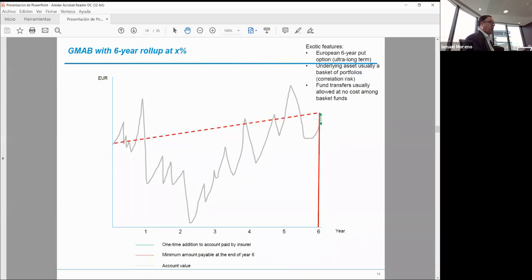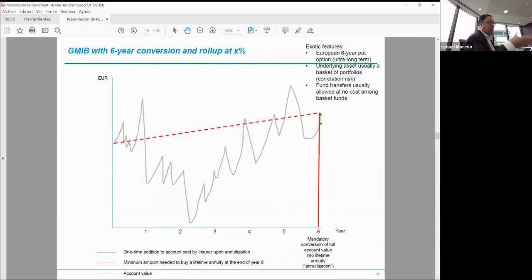But in the case of a GMIB, I would normally need more money to buy myself a lifetime income annuity, and then if that money is short in the fund account value, then the insurance company would top it up, as in that green arrow, so that you've got enough money to buy yourself the annuity that was guaranteed. Okay, the annuitization, which is how it's technically called. So that's another one of our long words for today, annuitization.